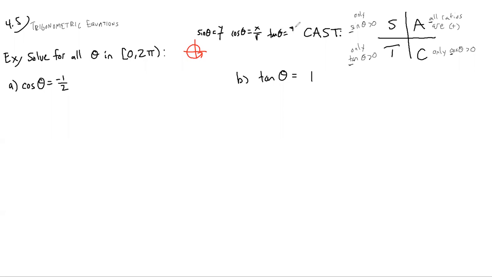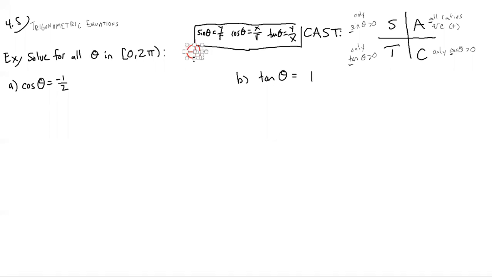And in this quadrant, y is positive, but x is negative. And then in the T, both y and x are negative, and so they're going to cancel each other out. And in the C, the x is positive, but the y is negative, which means that only cosine is positive, and the remaining sine and tan are going to be negative there.